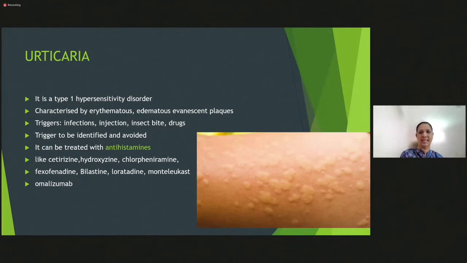Coming next to urticaria. So there are two types. One is acute urticaria and there is chronic urticaria. Acute urticaria usually is due to infection or some drugs that have been taken, especially triggers like NSAIDs, aspirin. These cause urticaria. So in that case, the patient has to be told that you are developing urticaria because you are taking those drugs. Among chronic urticaria, there are two types.